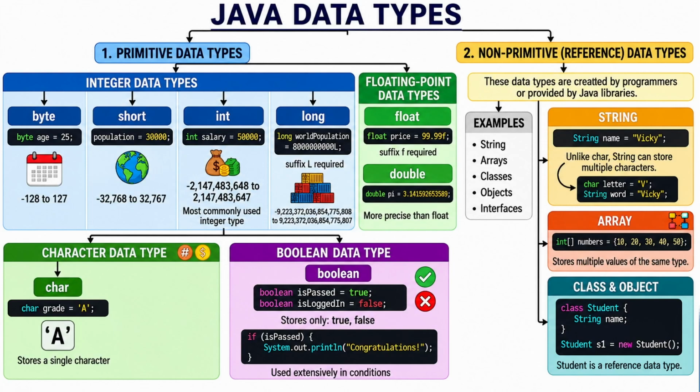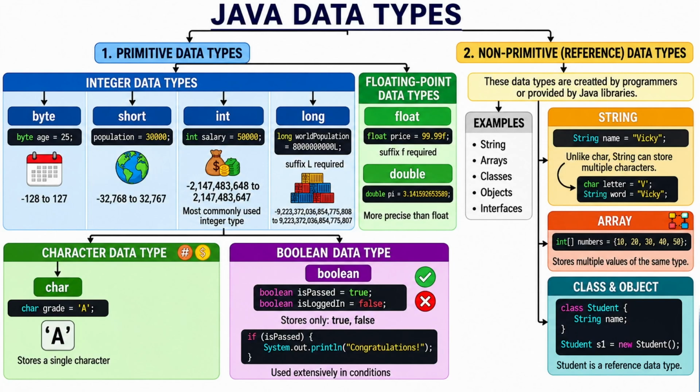Class and object. Student is a reference data type. In the previous slide, we have seen that in the stack memory area, the variable name will be stored, and in the heap memory area, the value will be stored.